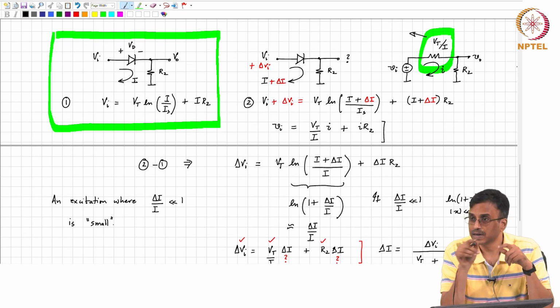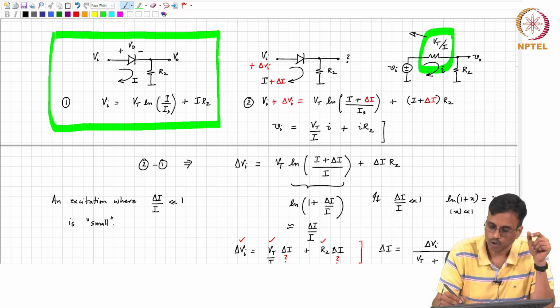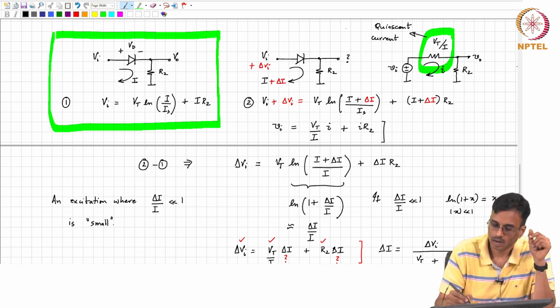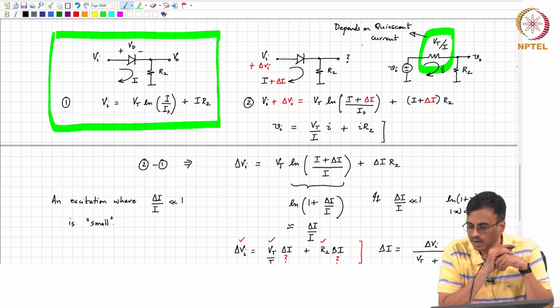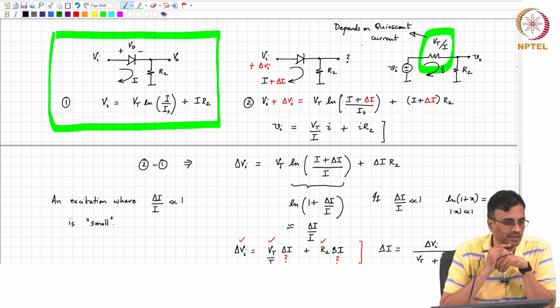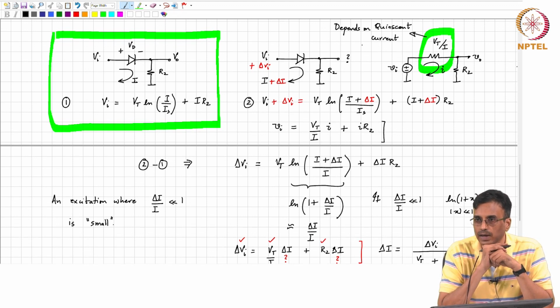It depends on the quiescent operating point or the quiescent current. This is often also called the small signal resistance of the diode.